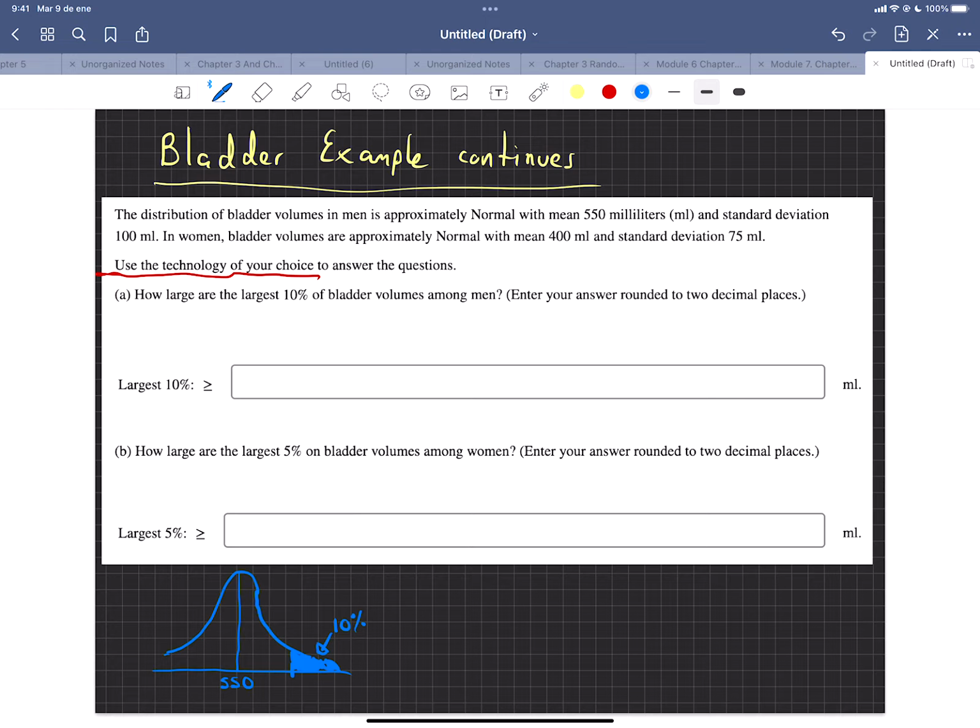That okay? How can we compute that? Well, we can use Minitab. But I did the sketch for the area so you can easily identify what we're looking for. But now we have to go to Minitab. Again, I recommend to do it in probability distribution plot. View probability, okay. Type the mean and the standard deviation. If you see, they are the same that we already have here. 550, 100. Options. How do we know what is the one we have to choose here? Well, look at the sketch that I did. It's this one.